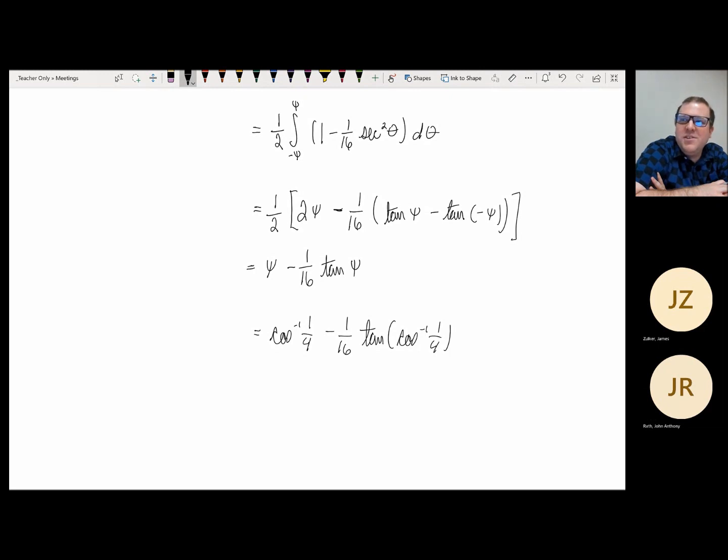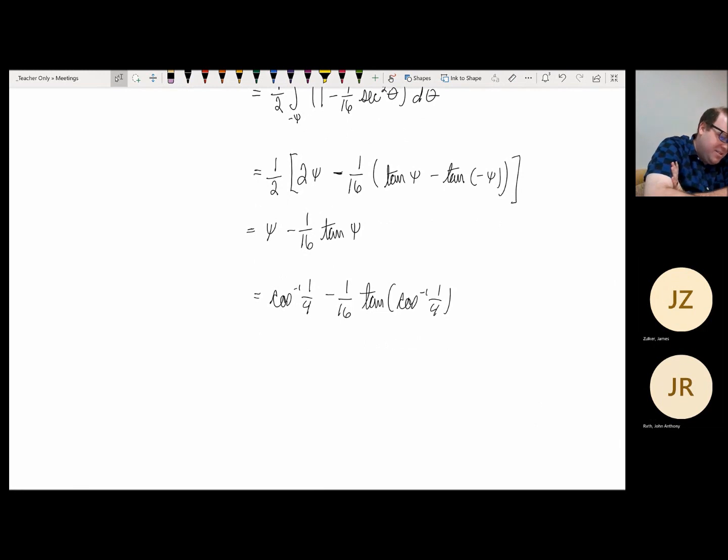You can simplify tangent of the inverse cosine. Say that angle there is psi, which is of course the inverse cosine of a quarter.